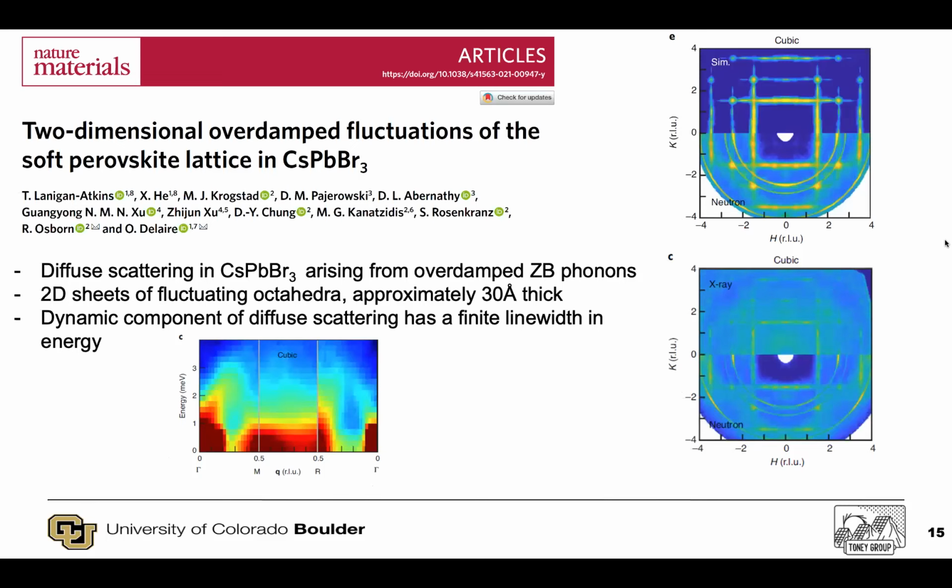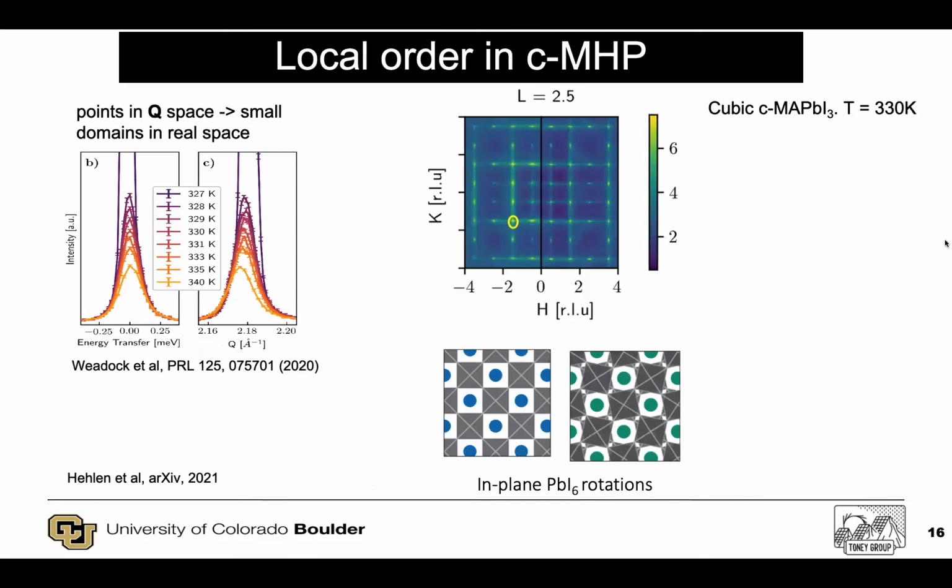I should also note that aspects of this were observed in the cesium compound 2 years ago, where they see very similar rod-like features. If we look at the diffraction pattern, we look first at these half positions. This is similar to the so-called central peak phenomenon in the oxide perovskites.